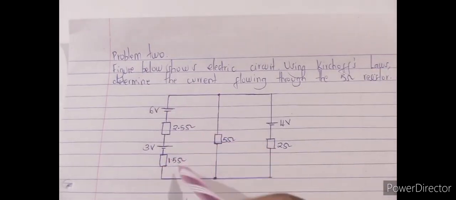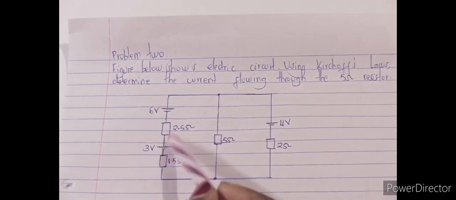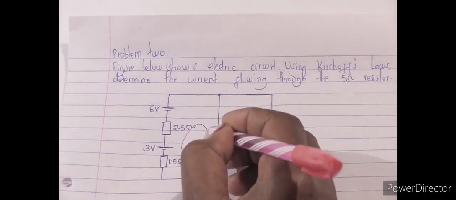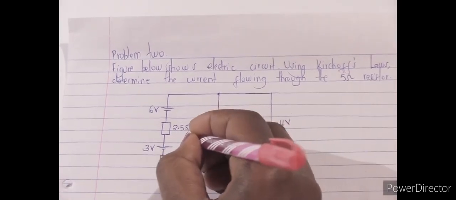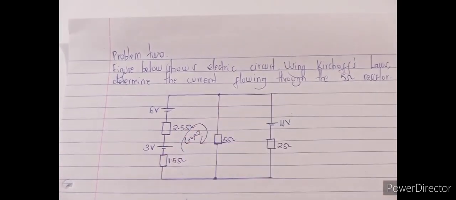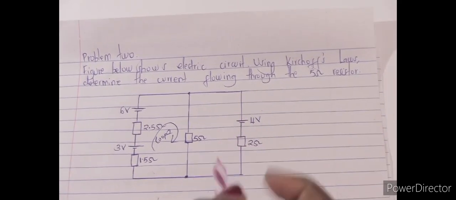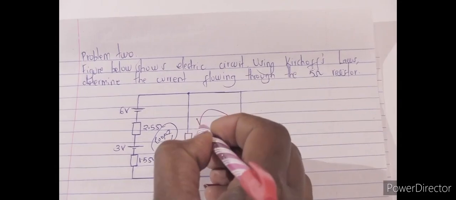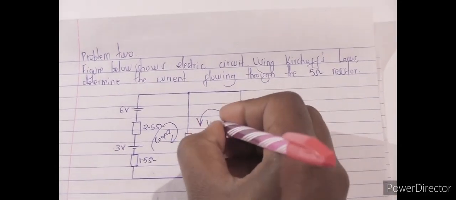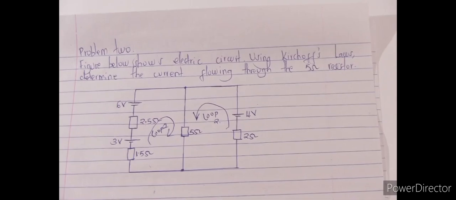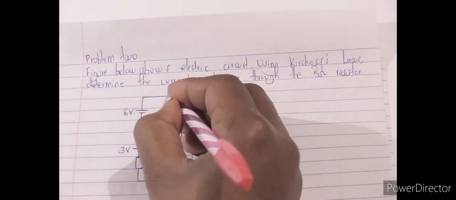So in the first one, negative, positive, negative, positive. We are moving in a clockwise direction. So loop 1. In the second, we are having the source here. So you're going to move in an anti-clockwise direction, loop 2.